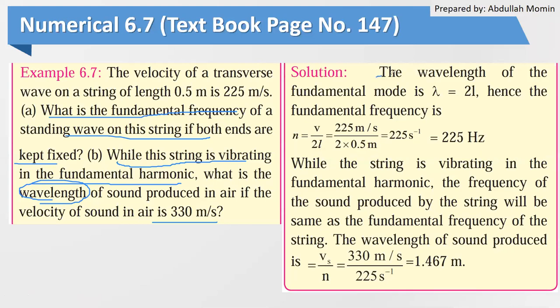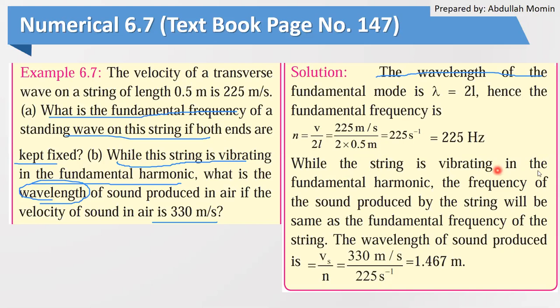So the wavelength of the fundamental mode is lambda is equal to 2L, and the fundamental frequency n is equal to v by 2L, and instead of v we will put 225, and instead of L we will put 0.5, so we will get 225 per second, that is hertz. So the frequency is 225 hertz.